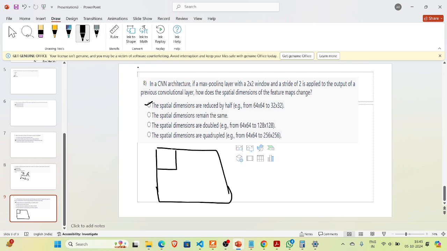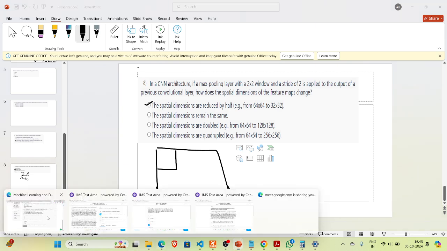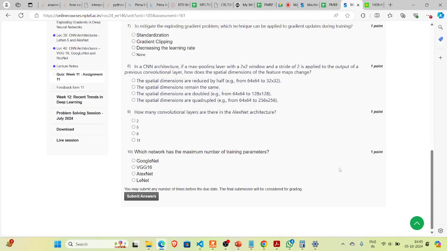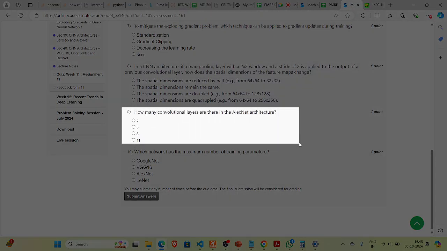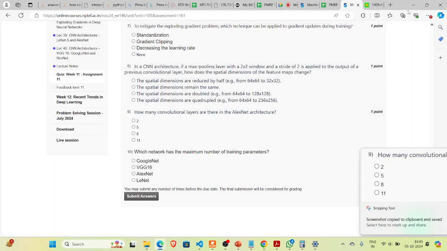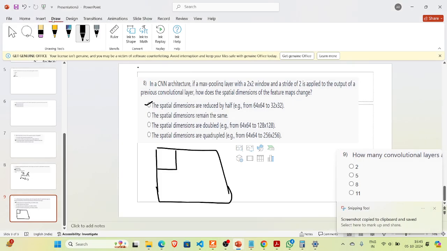So question number 8 is this. Next question: how many convolutional layers are in AlexNet? For that we need to go to the AlexNet architecture.